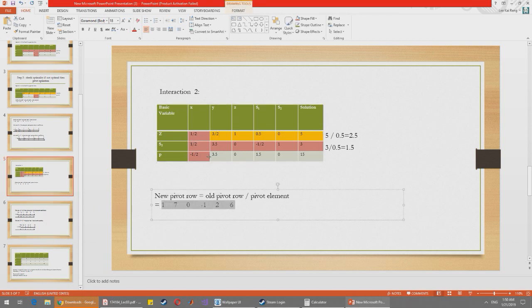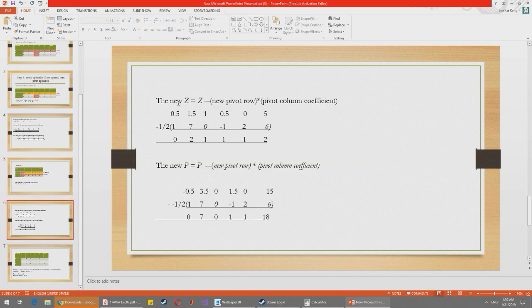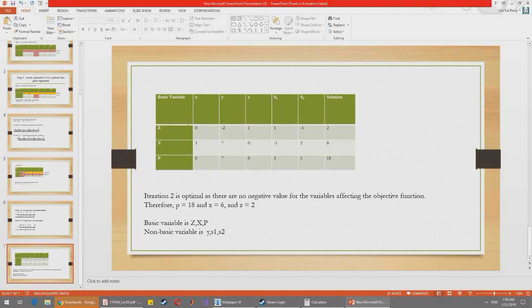We also need to update row z and row p. Same as just now, the new z equals z minus the pivot column multiplied by the new pivot row, and this will be the answer. Also this will be the answer. So we update the table, and now we get the new table.